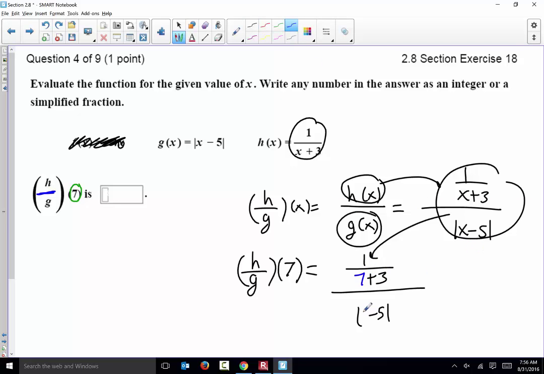And instead of x minus 5, I have 7 minus 5. Okay? Well, we're not gonna leave it like this, of course. We will complete these operations. I have 7 plus 3, which is 10. I have 7 minus 5, which is 2. Absolute 2 is 2. Are we done?